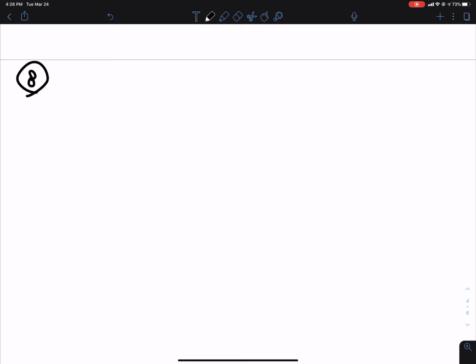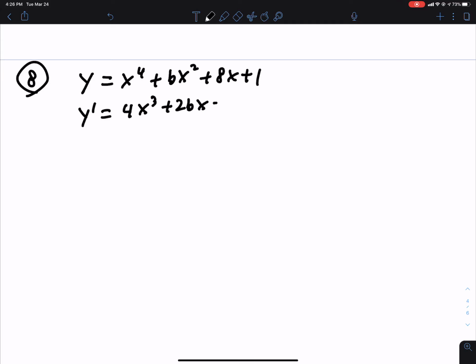So to have a horizontal tangent line, the derivative would have to be equal to 0 because the slope of a horizontal line is 0. So we need to take the derivative of this and make it equal to 0. So y prime, the derivative, is 4x cubed plus 2bx plus 8. And that must be 0 to have a horizontal tangent line.